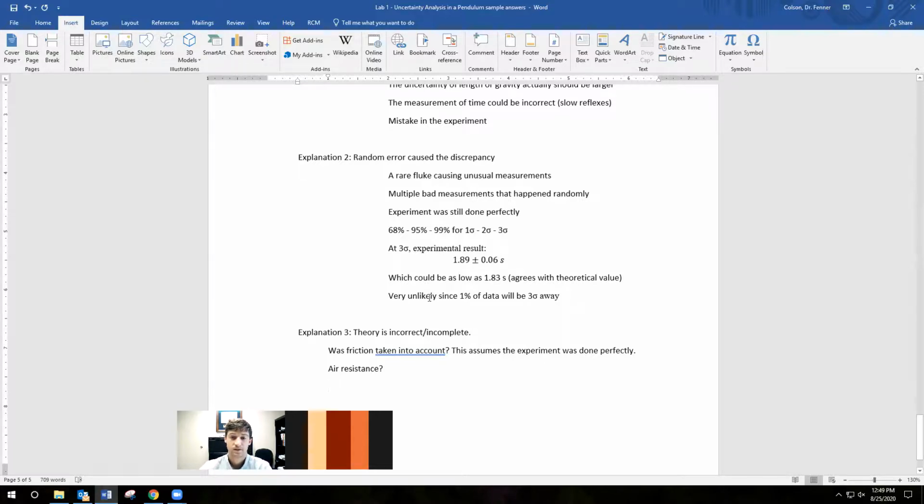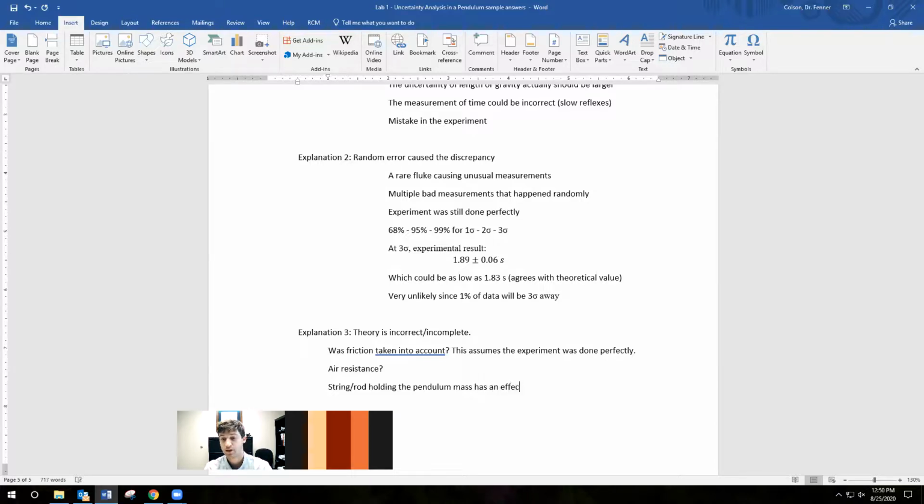Oh, the string, or rod, whatever it is that's the body of the pendulum itself, the thing that's holding the mass, has an effect.